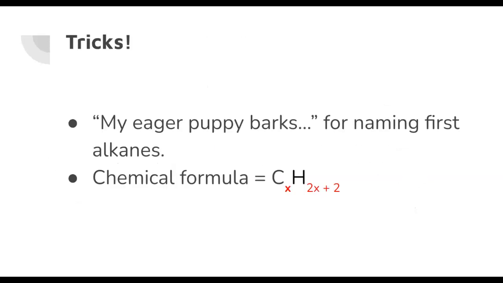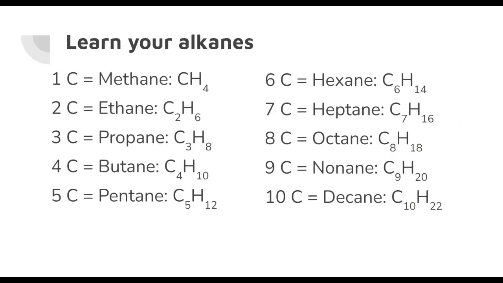And so there are a couple of expressions that sort of help that process. You can use the term "my eager puppy barks," or you can also just use "my elephant plays basketball." If you use these expressions in order, it helps you determine what the order of the alkanes are. So let's use "my eager puppy barks," okay? "My" stands for methane, "eager" stands for ethane, "puppy" stands for propane, and "barks" stands for butane.